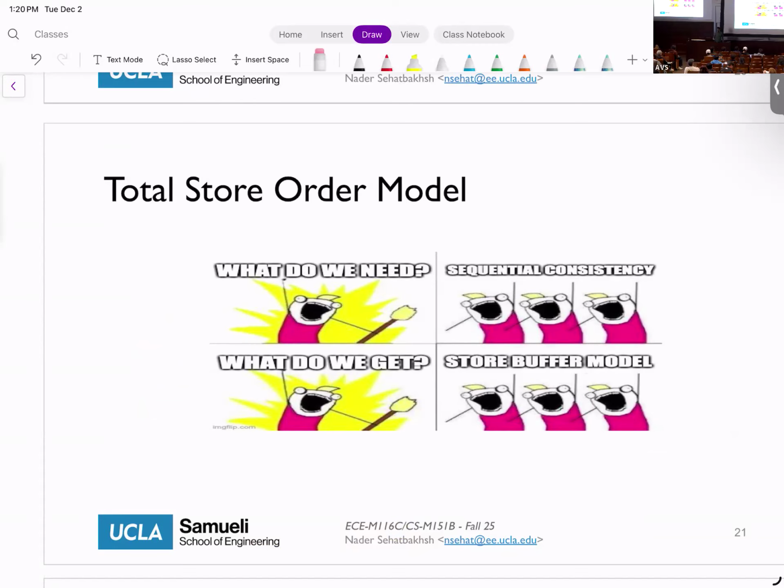Then I'm going to talk about the RISC-V weak memory model. Maybe I think that's the right acronym for it. And then I'm also going to talk about the release memory model, or release consistency. Okay, so what is TSO?